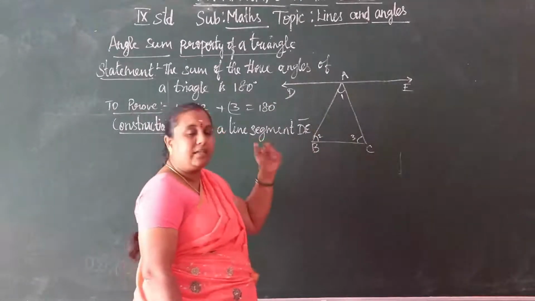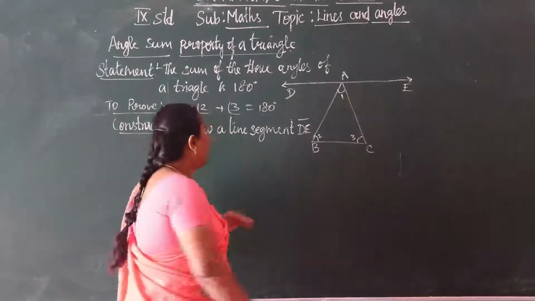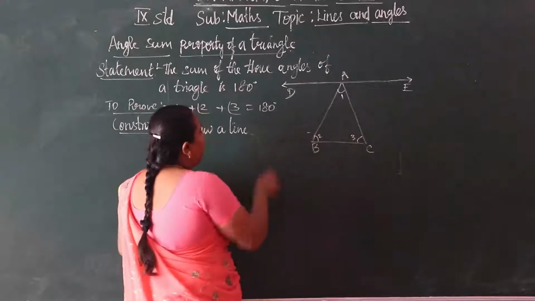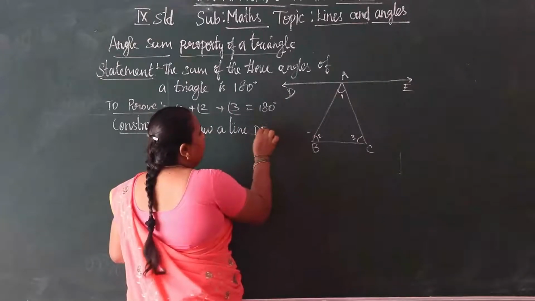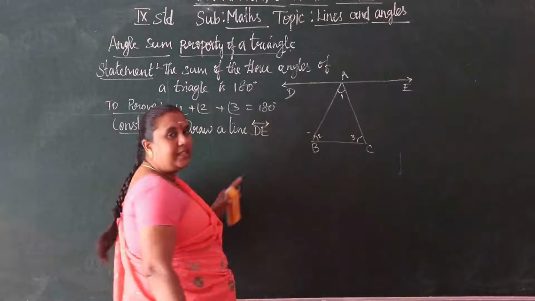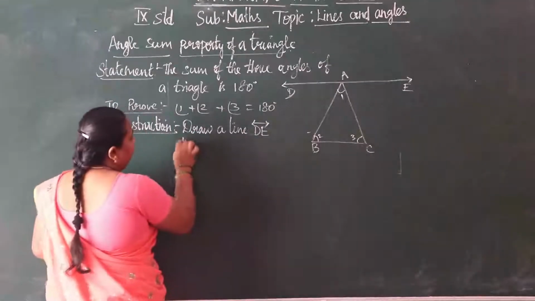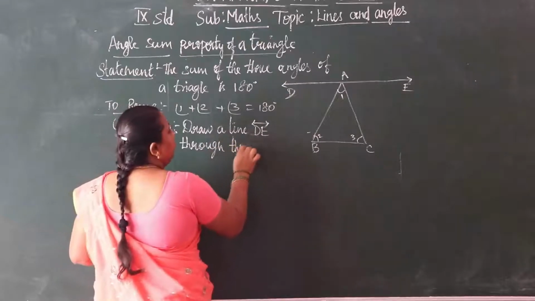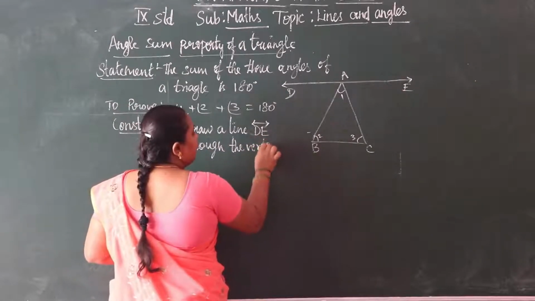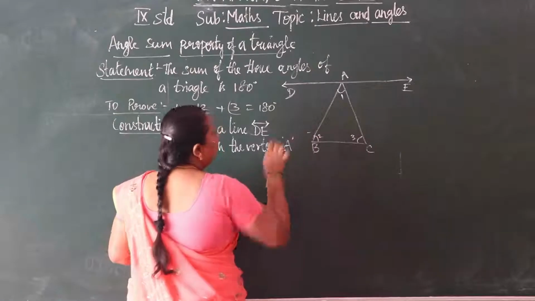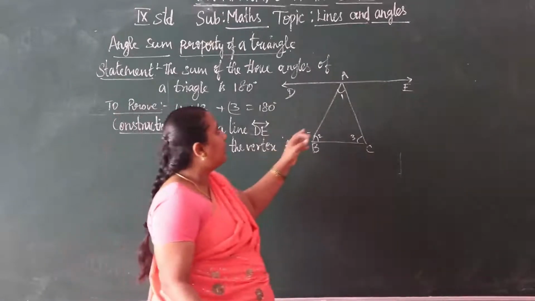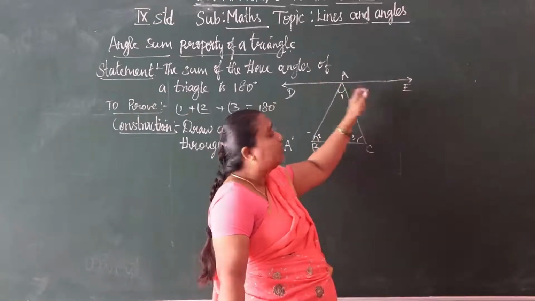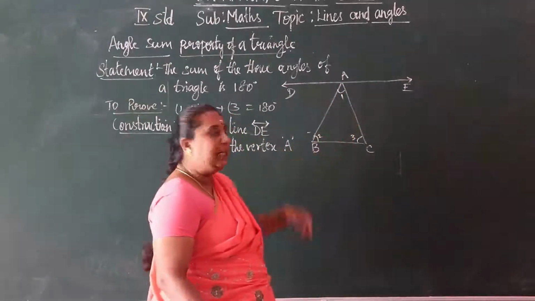If we take the line segment also, that's also correct. Draw a line DE through the vertex A. So on the triangle, through the vertex A, we draw a line DE.